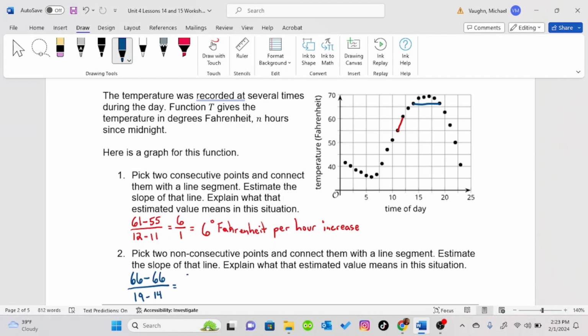66 minus 66 is 0. 19 minus 14 is 5. And 0 divided by 5 is 0.